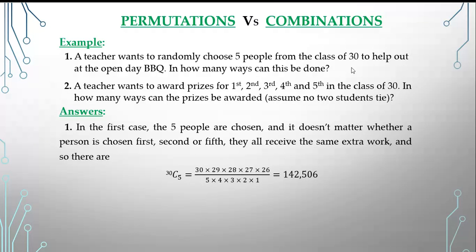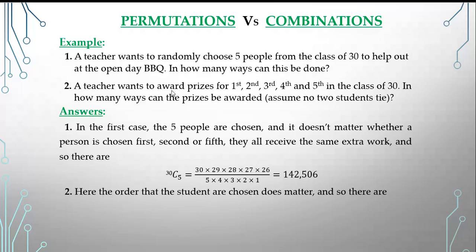Clear? Now the next one says that a teacher wants to award prizes for first, second, third, fourth and fifth in a class of 30. In how many ways can the prizes be awarded?